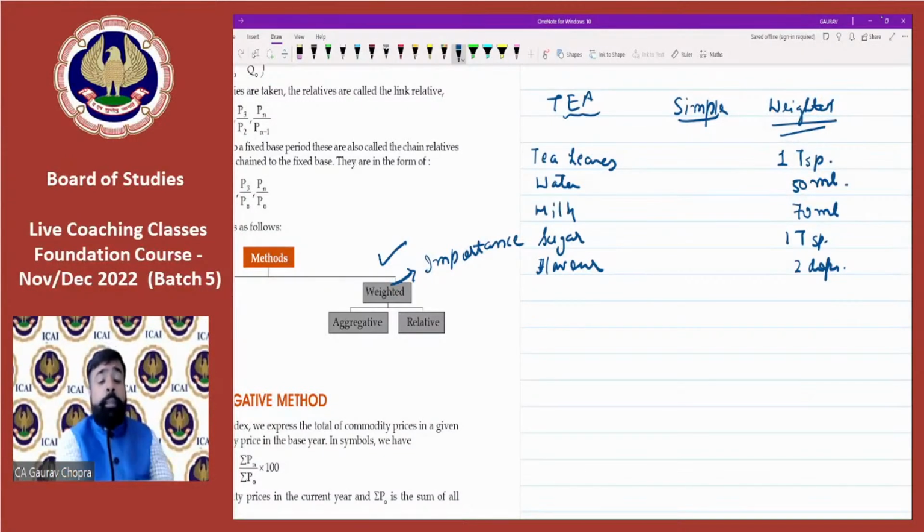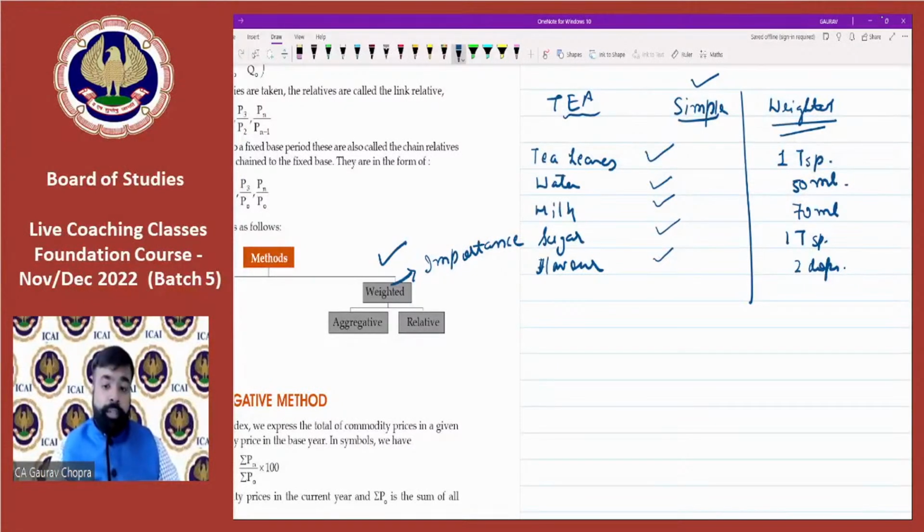All right. But if we are not taking weight, that means we are using the simple method, and the simple method by default takes every quantity as equal. Like if we take tea leaves 10 gram, then take 10 gram of water, 10 gram of milk, 10 gram of sugar, 10 gram of flavor. Take each and every quantity in the same amount.